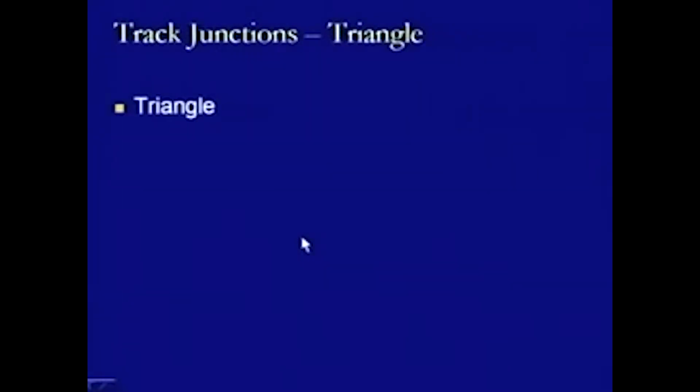Now, we come to another type of track junction which is known as a triangle. Triangle has been a typical type of track junction generally provided in the olden days, and this is also available in the Roorkee Saharanpur belt, where connectivity is provided and the engine has to take a turn.